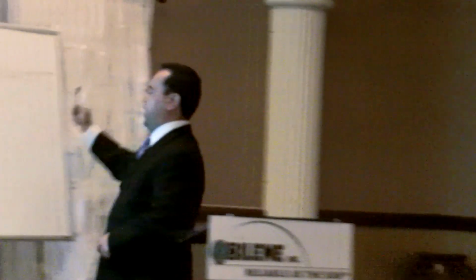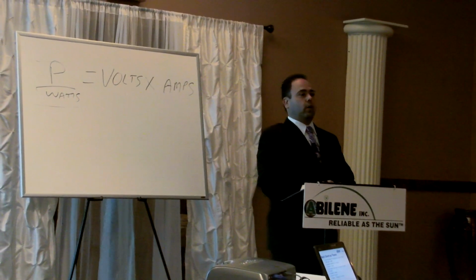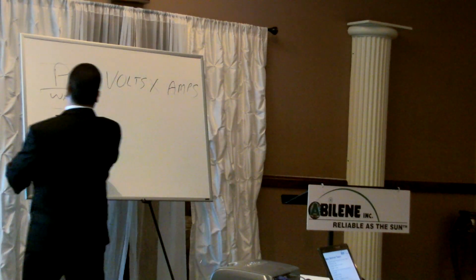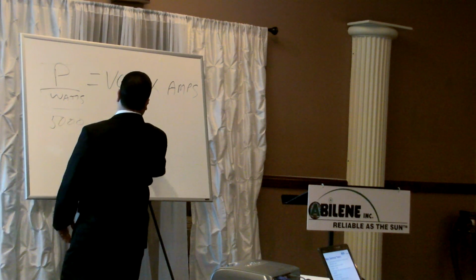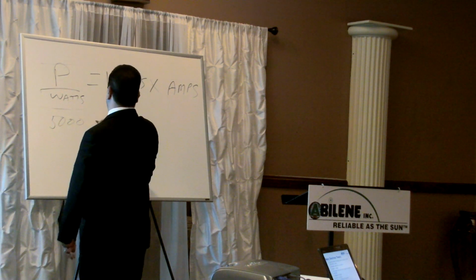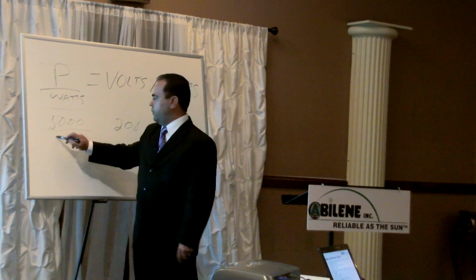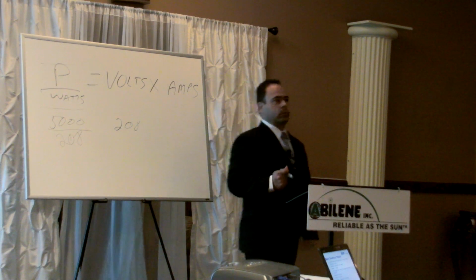If we have any two of these values, then we can find the other one. Just like in high school. So if I got a 5,000 watt heater and I'm sending 208 volts to it, who's got their calculator? 5,000 divided by 208. Can anybody tell me?